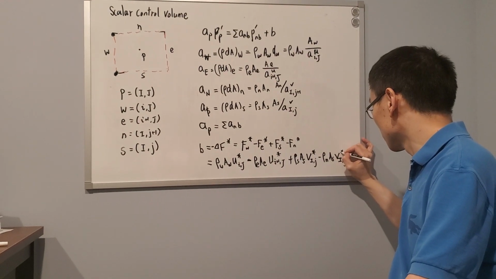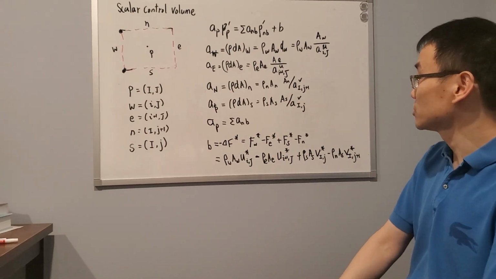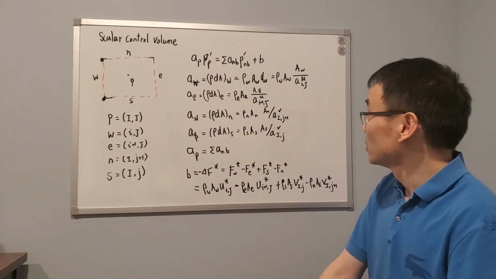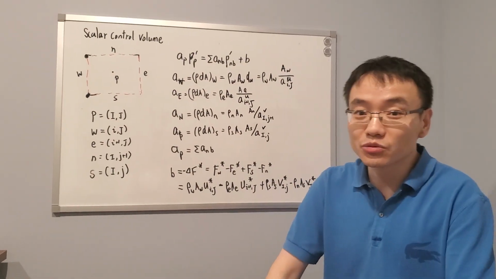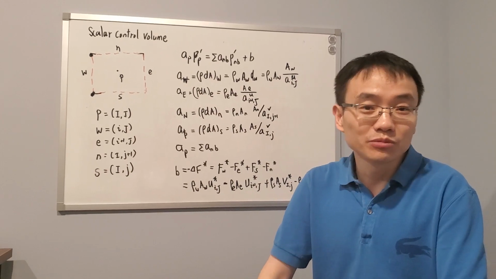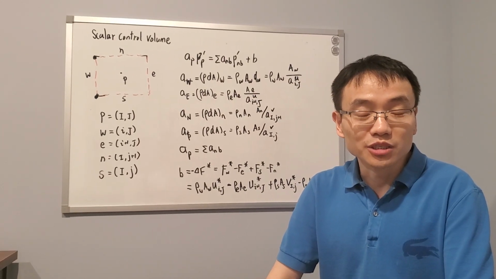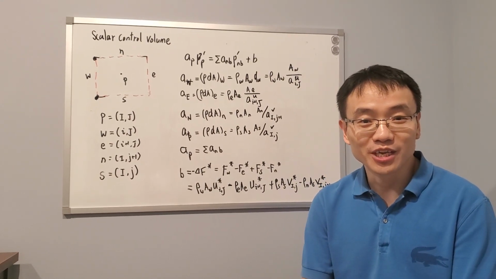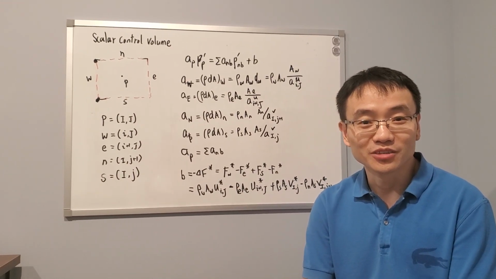That is from the previous guessed values, from previous iteration available values. Okay, you can see now all three kinds of linear equations can be set up, if we do not consider boundary conditions. Okay, that will be it for today, and see you next time.